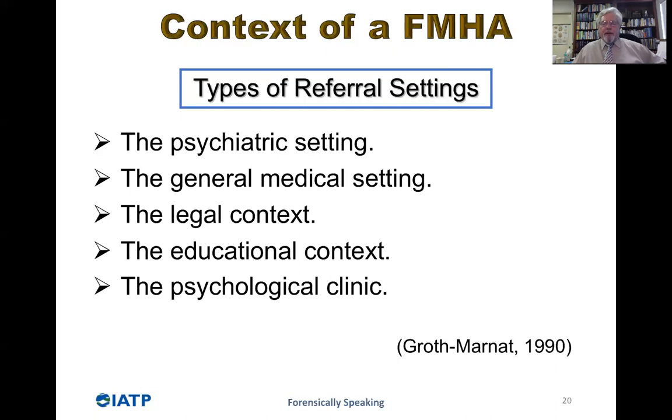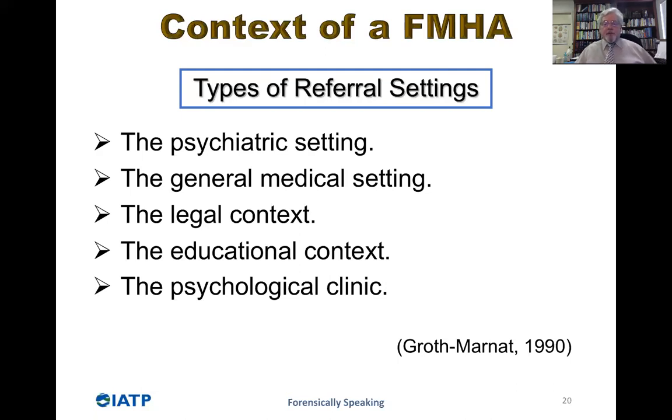And so that's going to be helping them to make the decisions they need to make. A general medical setting, it could be a medical doctor and they're wanting to make a decision regarding some treatment issues. Maybe a legal context, and certainly that is the forensic mental health assessment.